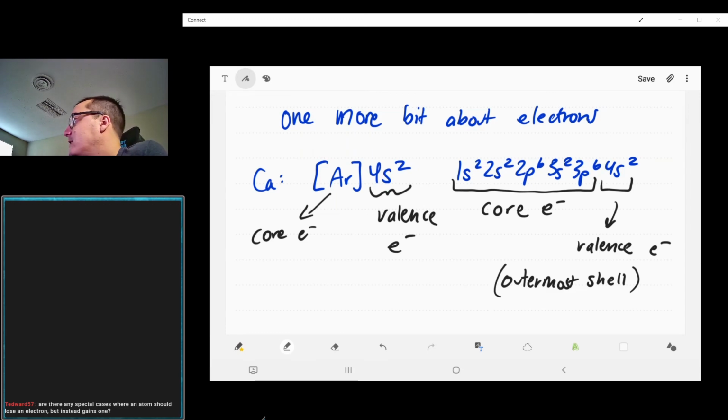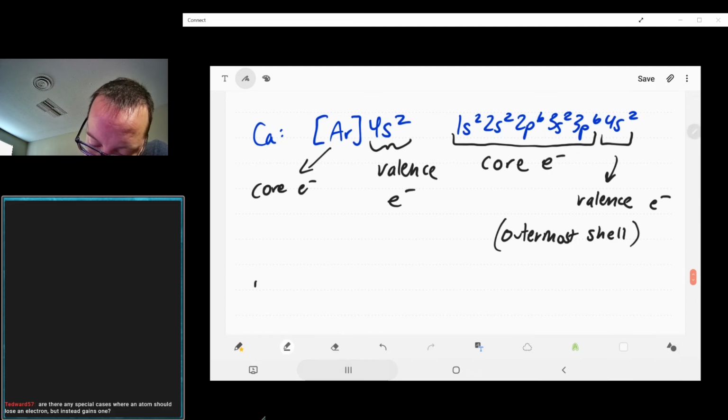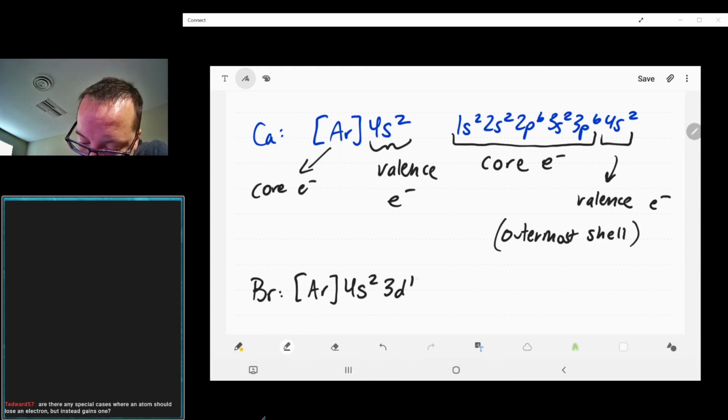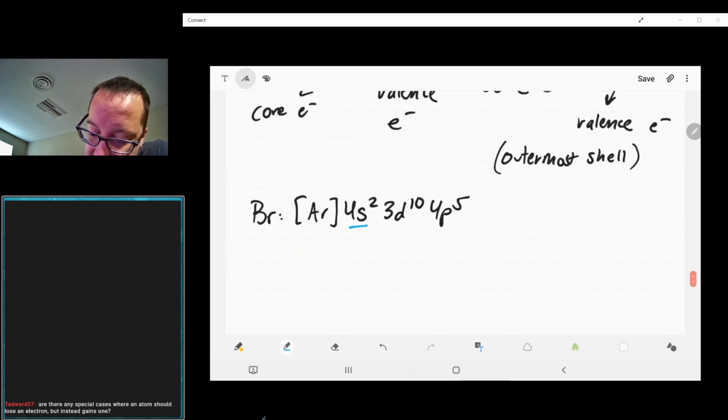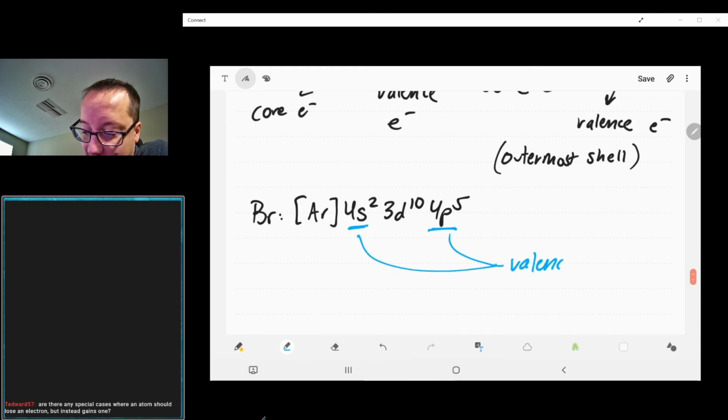If we look at bromine, for example, bromine is argon 4s2 3d10 4p5. Remember that valence is going to be the outermost shell. So 3d10, even though it is higher energy than 4s, is still in the third shell.